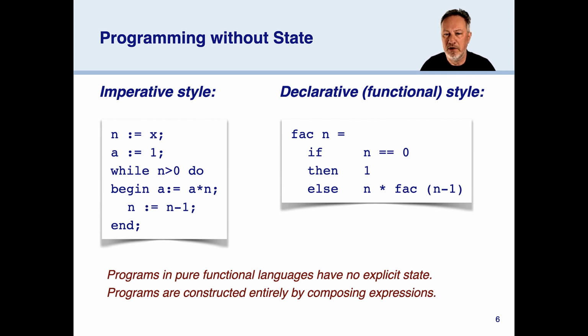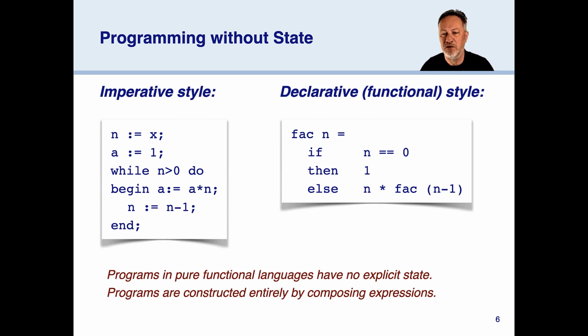However, notice in particular what's interesting in the functional style, we do not modify any variables. In fact, n is simply a value that's passed in. It's used in a multiplication and a subtraction, but the variable n is not modified itself. So in a pure functional language, we have no side effects, no modification of variables. Languages like ML are not purely functional, so they actually do allow us to modify variables, but languages like Haskell do not.